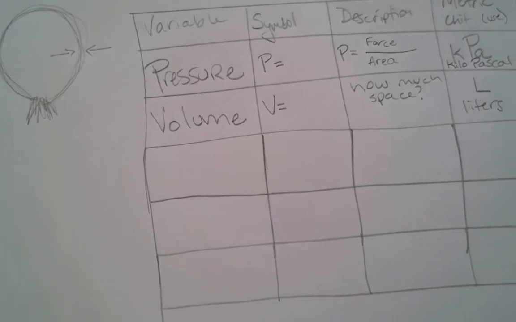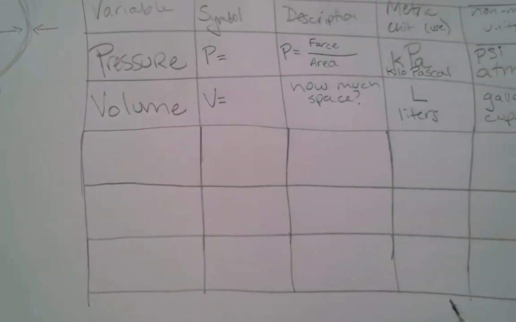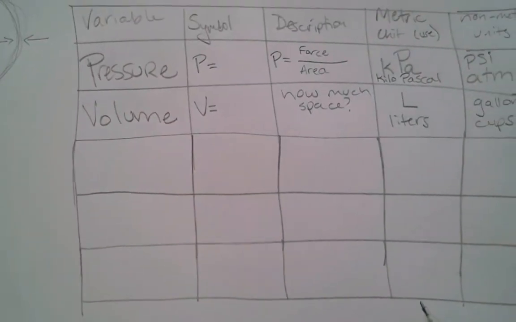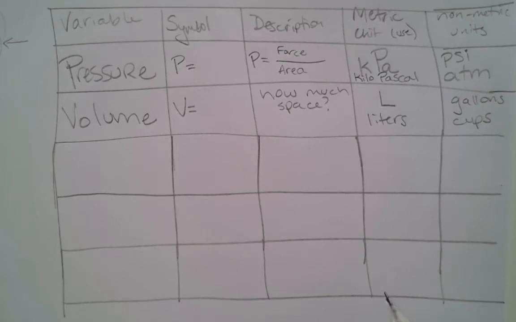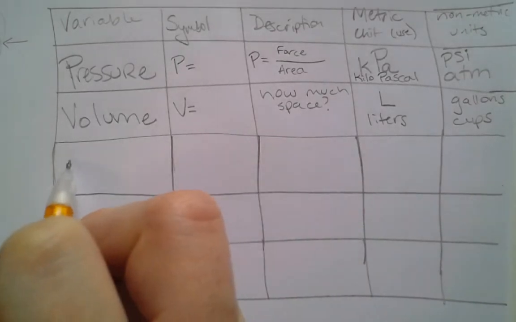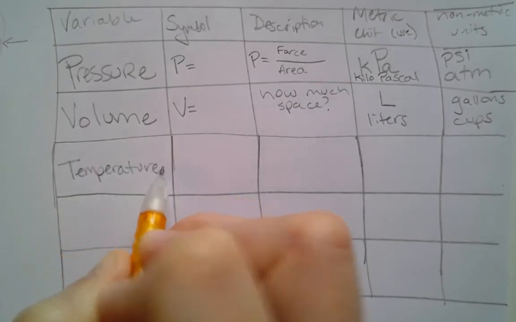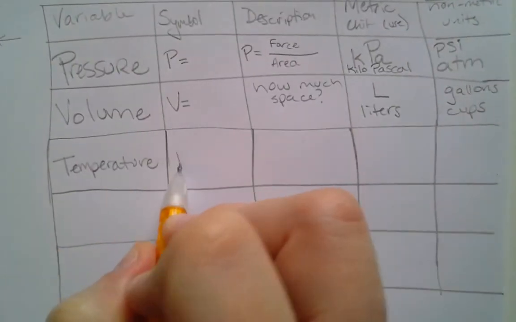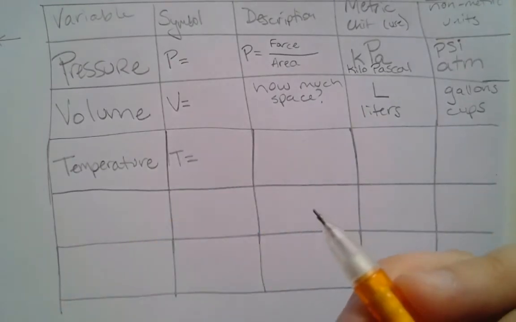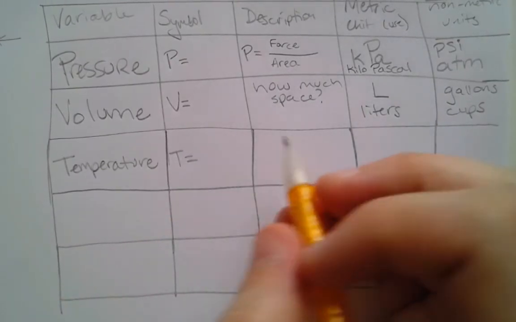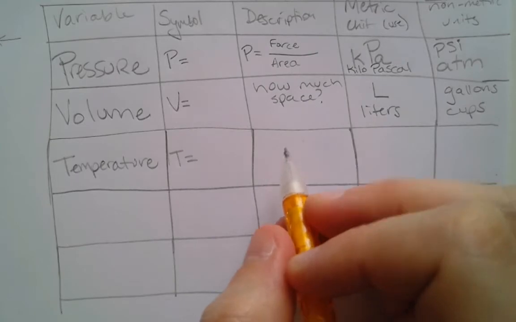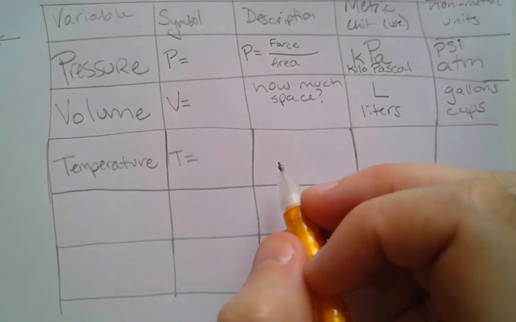Other things you can measure about your gas. Sometimes this unit falls in January, and we will take our trapped samples of gas out the back door and measure their change in temperature. The symbol for temperature is T. The description of temperature has to do with energy.